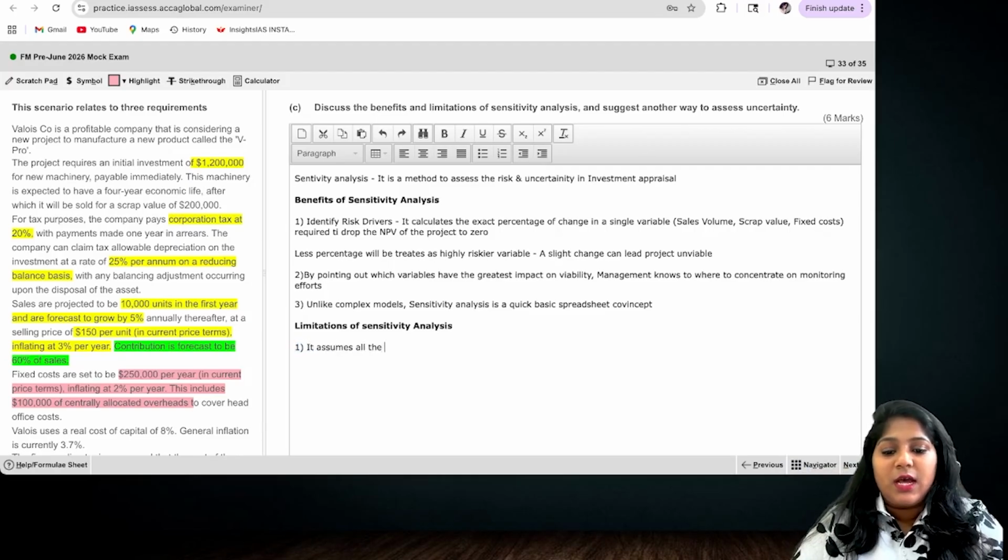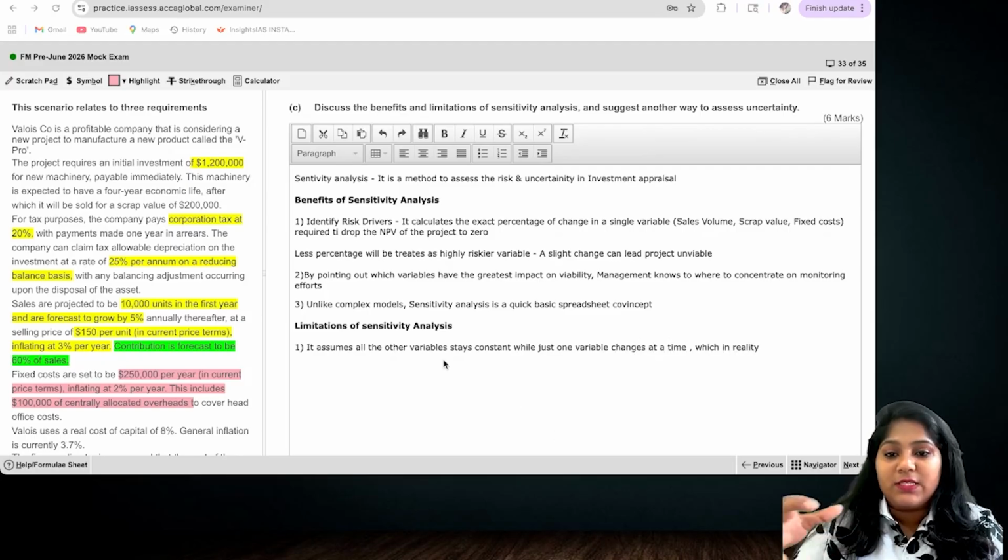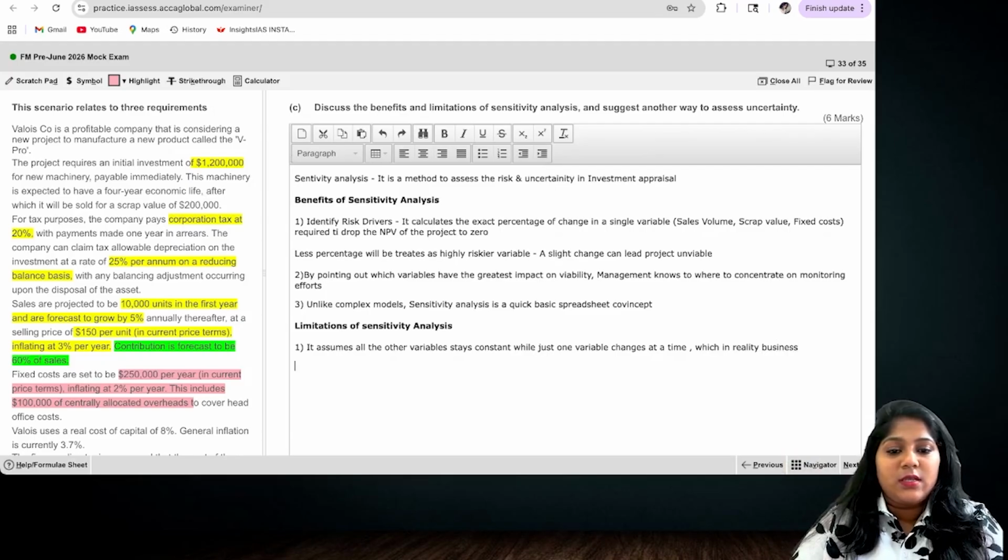It assumes all the other variables stay constant while just one variable changes at a time, which in reality is not so, because in reality we can always see that business variables are interconnected. That is one disadvantage that we can see.